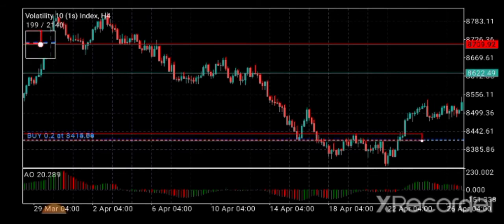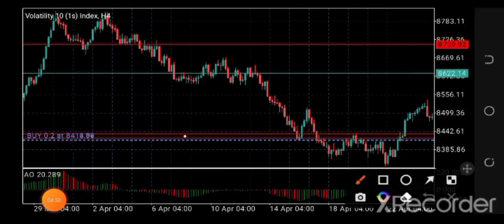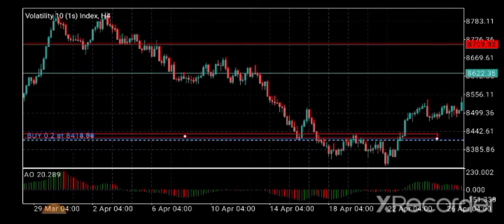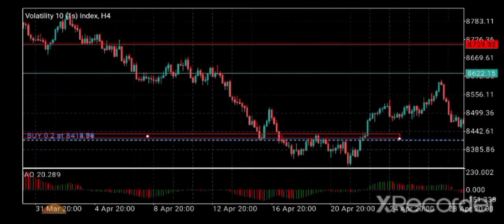If I put this one properly like this, you can see what was formed here and this one here. The market tried to come to this point, it was rejected, it came back. It tried again, it was rejected, it came back. The third time, it had to break this area. Immediately it broke here, you even saw how good the candle momentum was. So that's how I entered the trade.